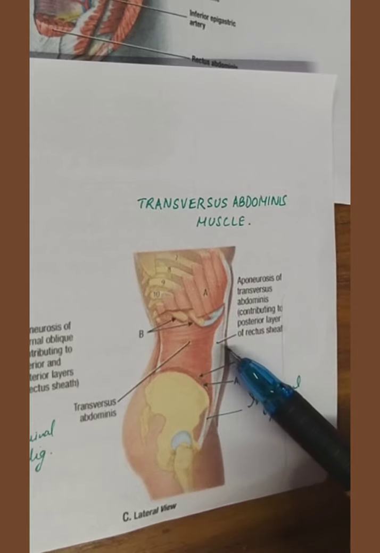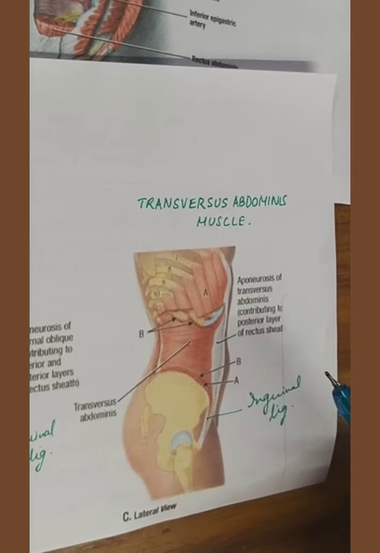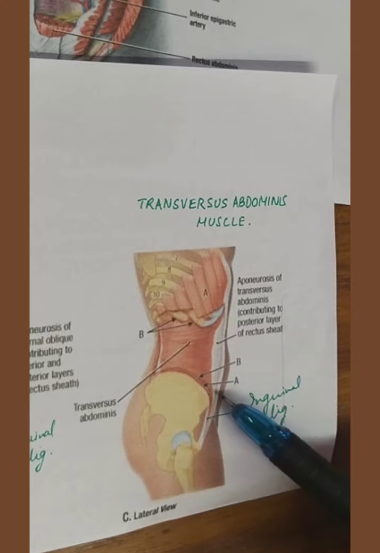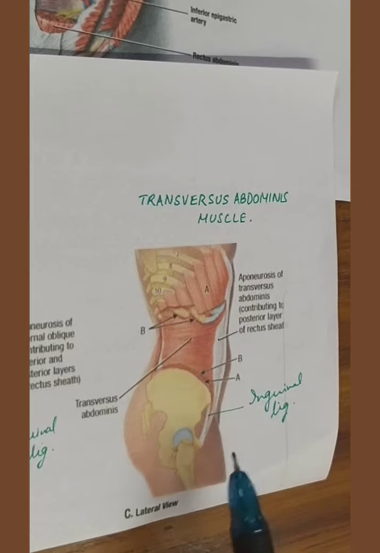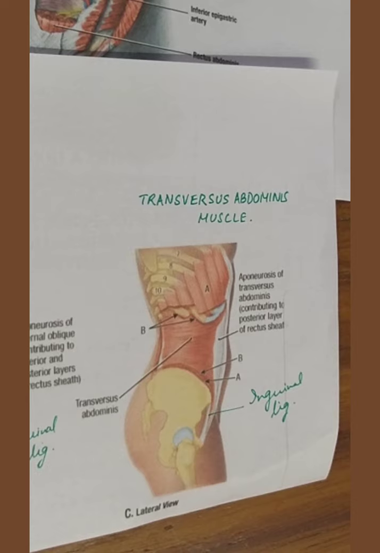The upper 3/4 of the aponeurosis reaches the linea alba by forming the posterior wall of the rectus sheath. The lower 1/4 of the aponeurosis reaches linea alba, forming the anterior wall of the same sheath. That is the anterior wall of the rectus sheath.